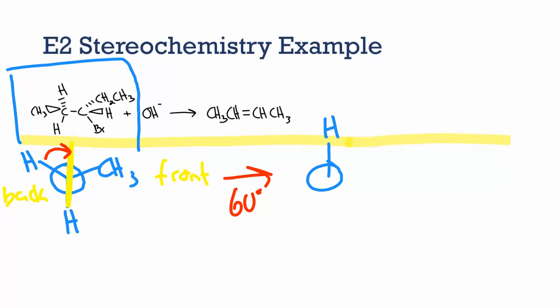Then I'll end up with hydrogen in the plane up top, and the methyl group will stay in the front, but it's just down in the front now. And the hydrogen that was in the plane gets shifted back.